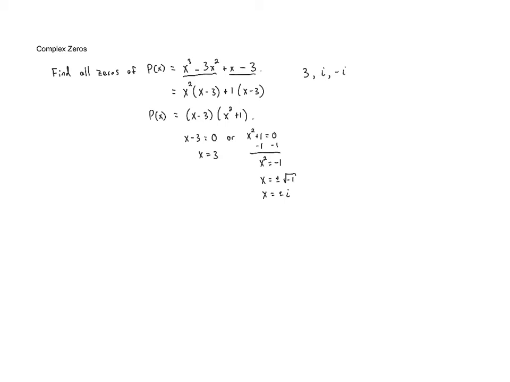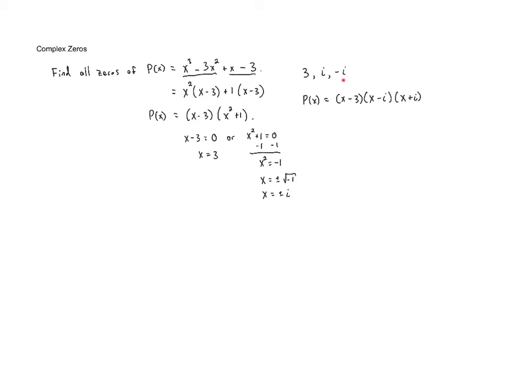In fact, if we wanted to factor this completely, we could write our polynomial as x minus 3 times x minus i times x plus i, because we know that if a number is a zero of a polynomial, then x minus that number is a factor.